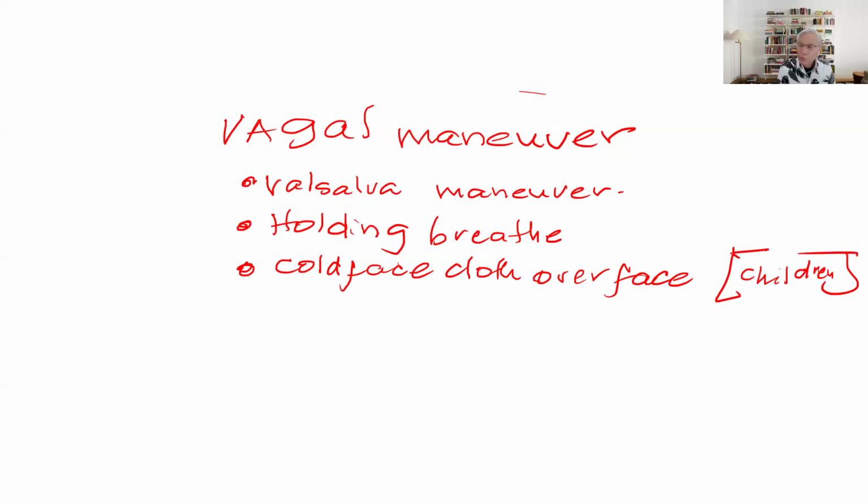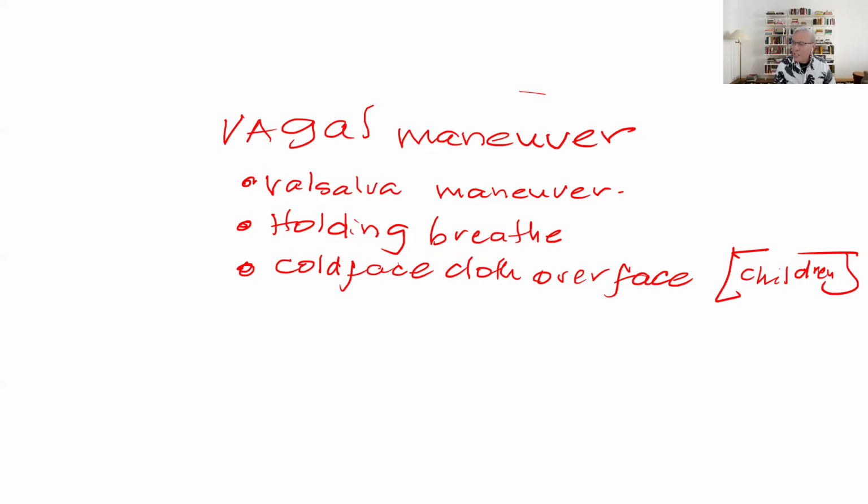Now, when you shower and the first drop of water hitting you is cold, what do you do? You hold your breath. Yeah, you do this, right? So basically, you're doing a vagal maneuver. And therefore, this is very effective in children.